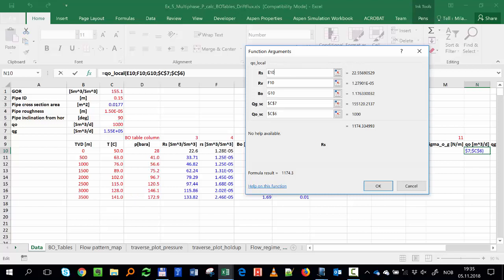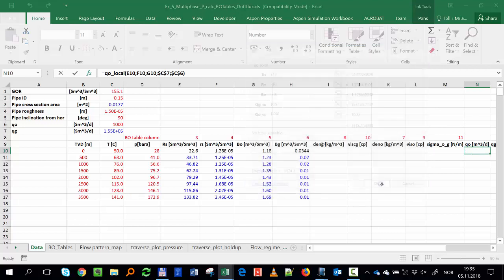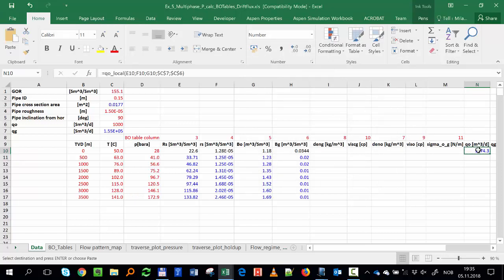Okay, so I'm going to drag the oil. I just calculated the oil, and let's see what happens with the oil with pressure. It follows exactly the behavior of BO.